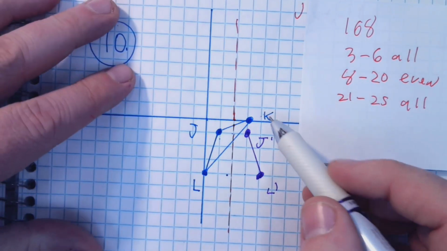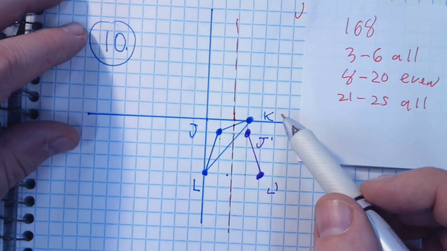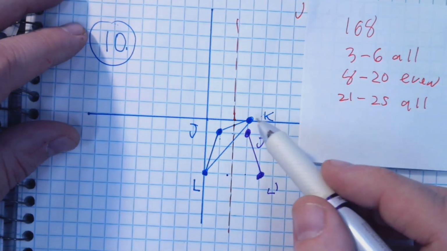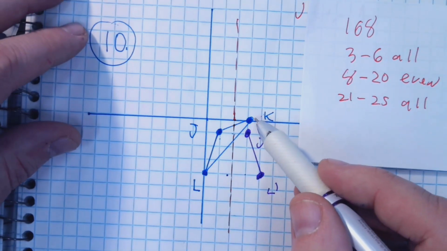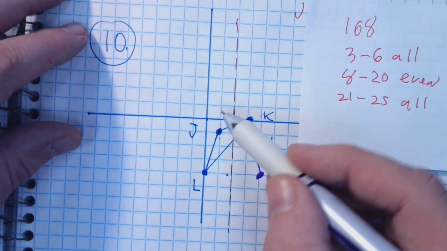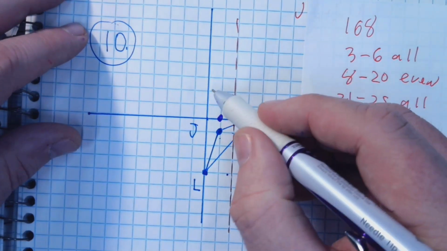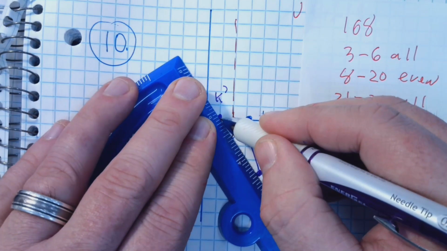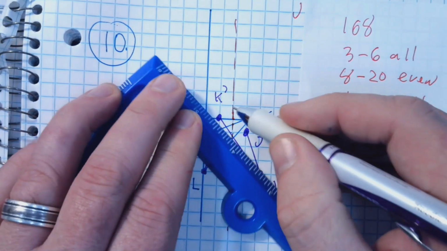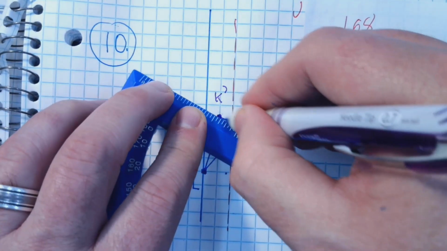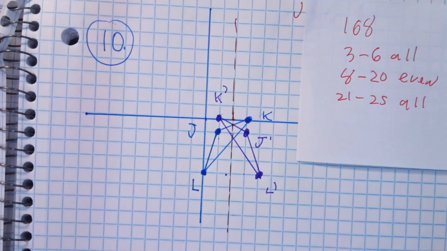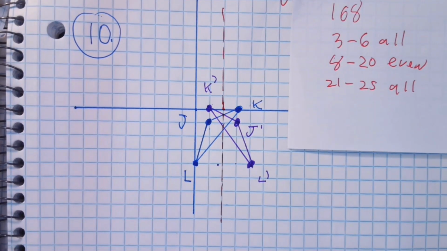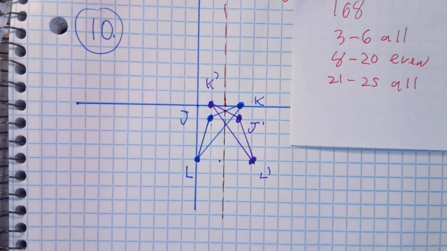And K is on the wrong side. So it's 1 over here, so that means it's going to be 1 over here. And that's going to be K prime. And so hopefully I can connect the dots and it's going to look right. Okay, does it look like a reflection? Okay, that's good. That means I might have done it right.